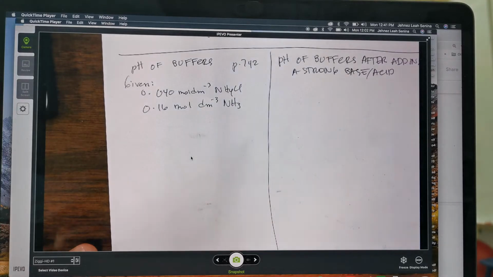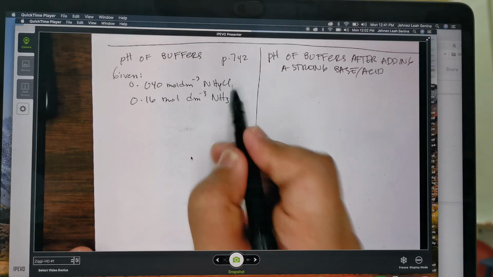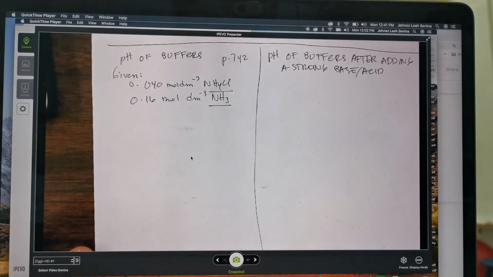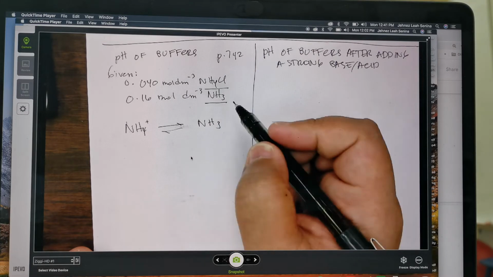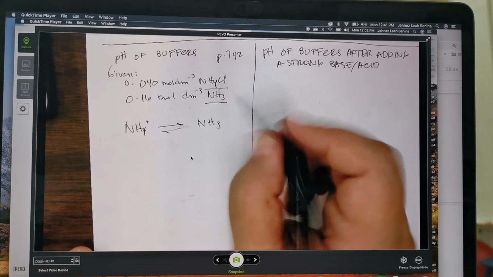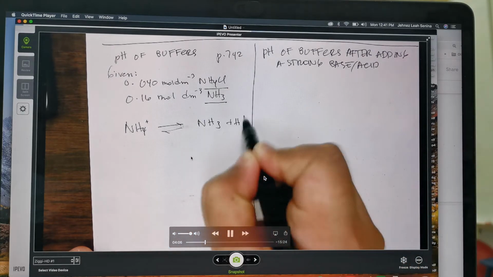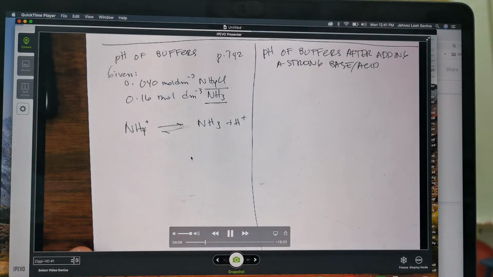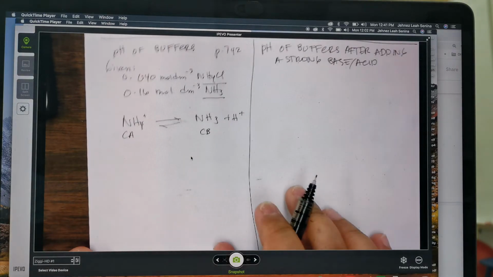Okay, so just by looking at the molecular species of your buffer, it's made up of these two species, NH4+ becoming NH3, right? So this is lost there. So this is my conjugate acid and this is my conjugate base.